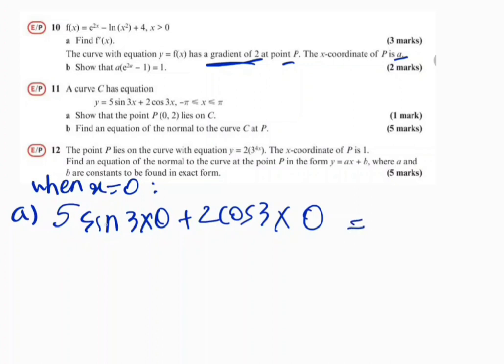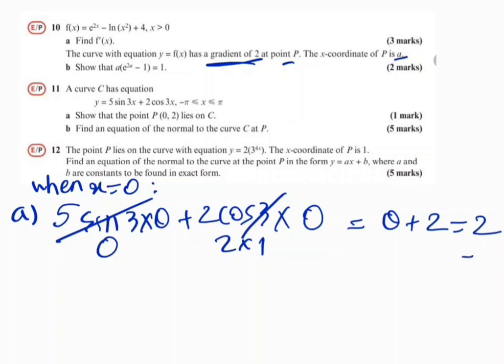Sine 0 is just 0, one of those standard values, and cos 0 is 1. 2 times 1 is 2, which means 0 plus 2 is equal to 2, and this is equal to the y coordinate. So that means that this point lies on C. Now let's do part B. Find an equation of the normal to the curve C at point P.